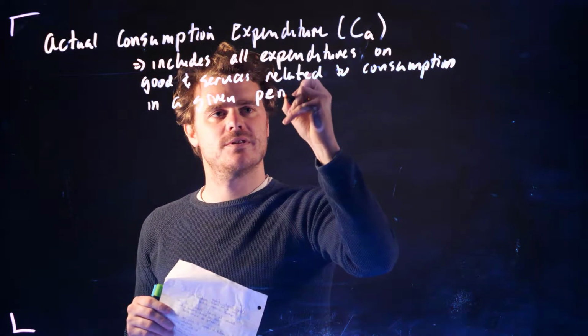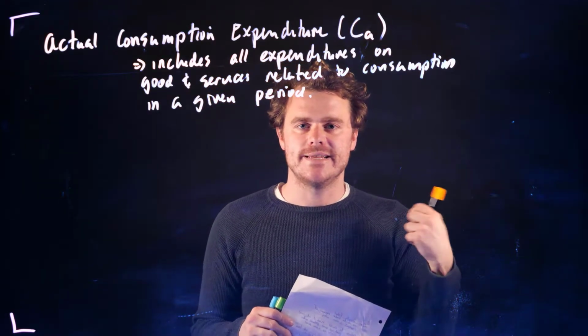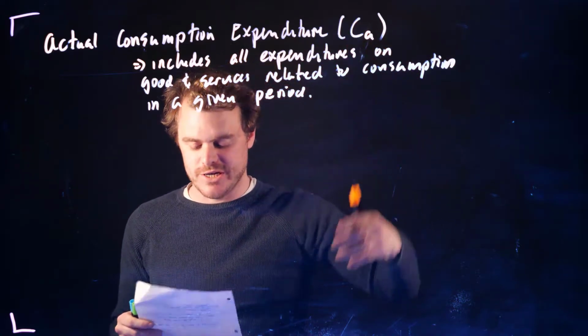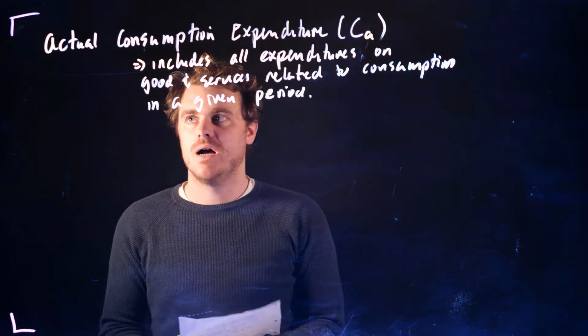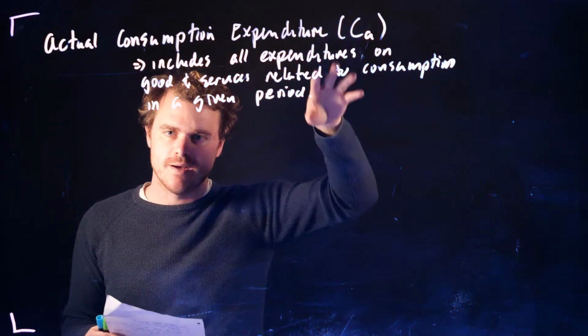Think about everything from getting your hair cut to going to the dentist. All these things are included in consumption expenditure. This is what you're currently going to use, so consumption in the current period.